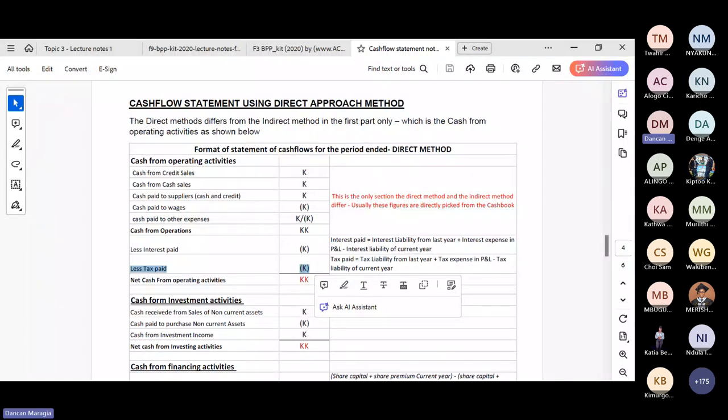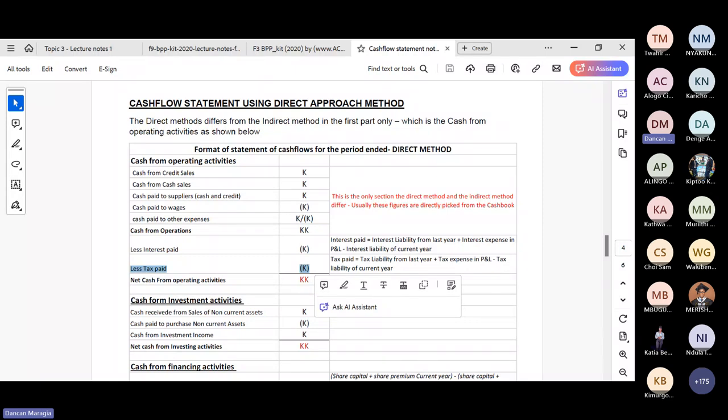So one thing that you realize in accounting, and I've always taught you this, is that even when we are preparing the statement of financial position or a statement of profit or loss, just knowing the format alone can save you, because some figures are given directly, and knowing where that figure appears, under what heading, you can easily get it.